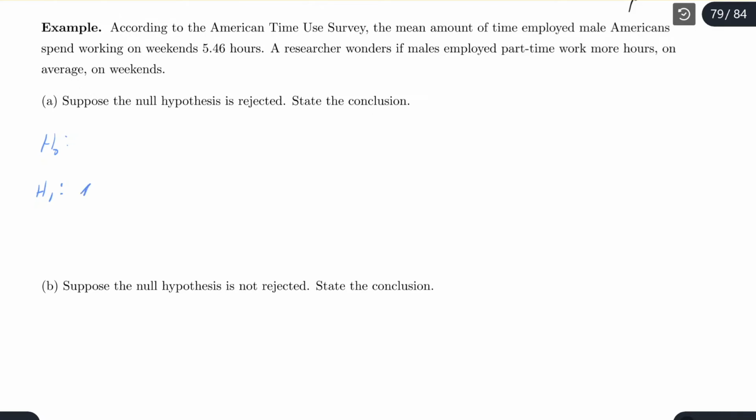The researcher believes the mean length is greater than 5.46. That alone tells us this is a right tail test. I know it didn't ask us here, but it's a good habit to always indicate right, left, or two tail. And the null hypothesis is then equal to 5.46, or rather, less than or equal to 5.46.